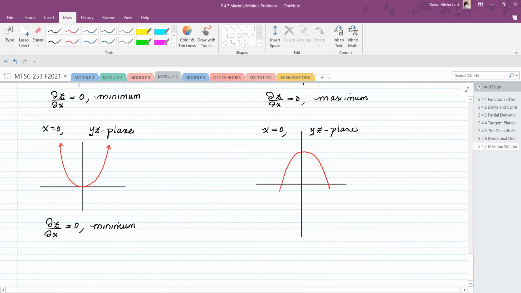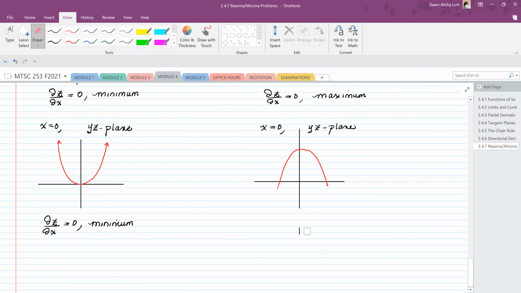The partial of z with respect to y is equal to 0. And again, I have a max. So life is good there.